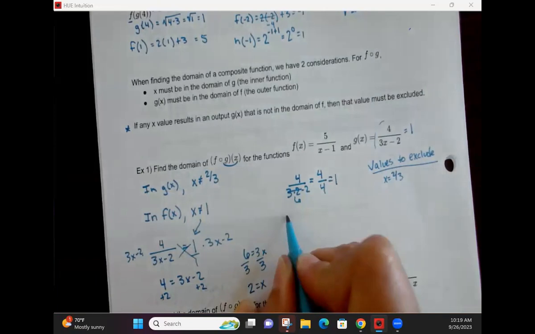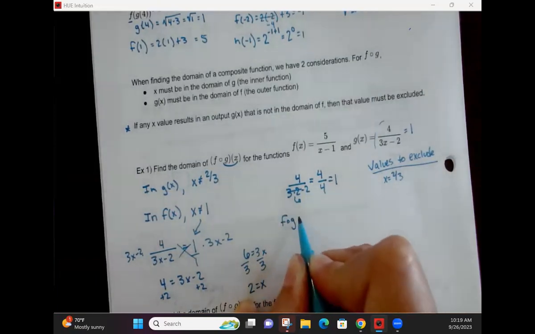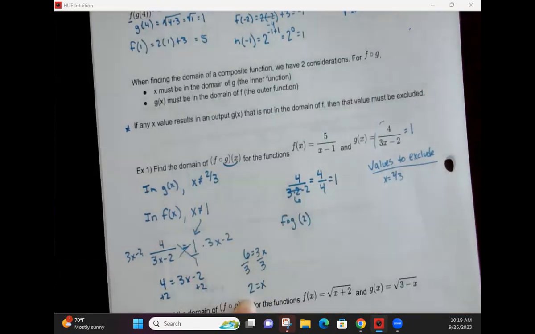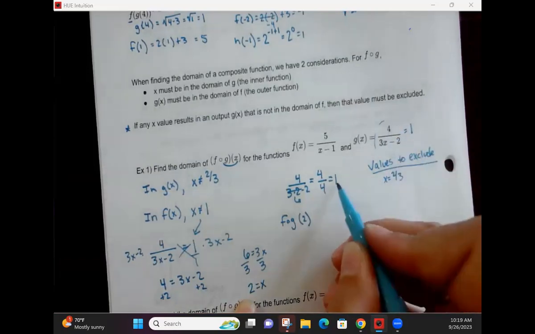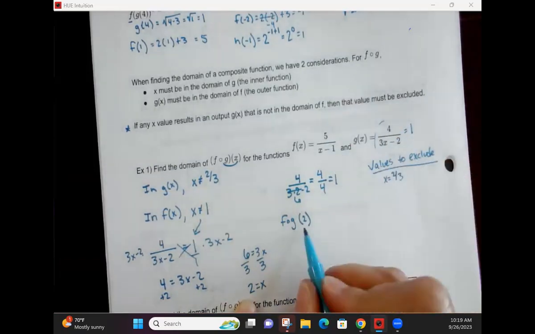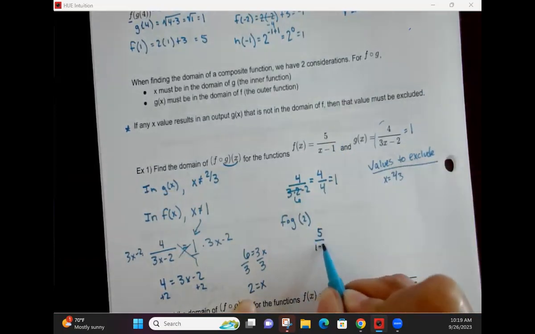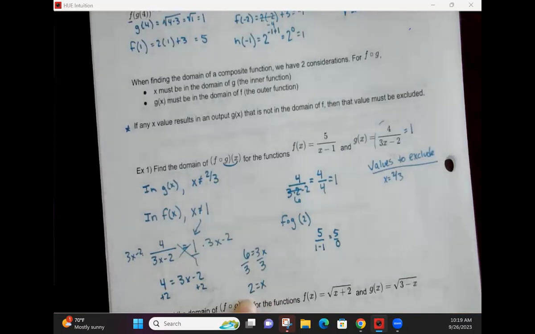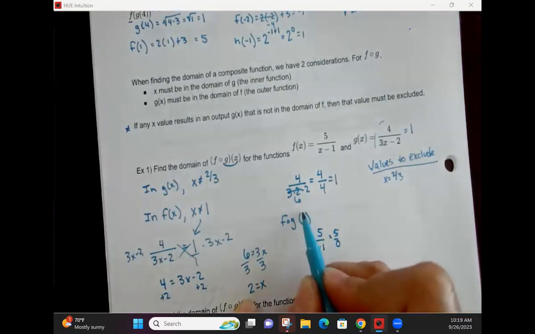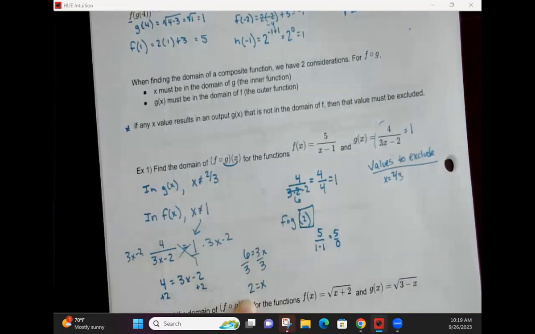So if I did f of g of 2, when I plug it into g, I get 1. Then when I plug that into f, I would have 5 over 1 minus 1, which would be undefined. So 2 is the problem. Does that make sense? 2 is the problem here.